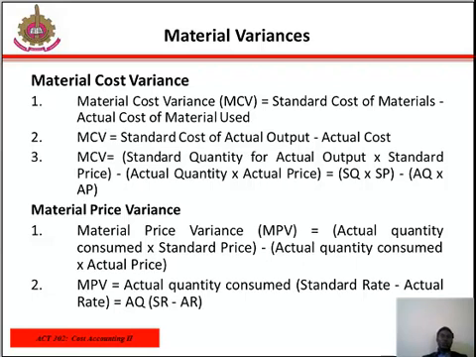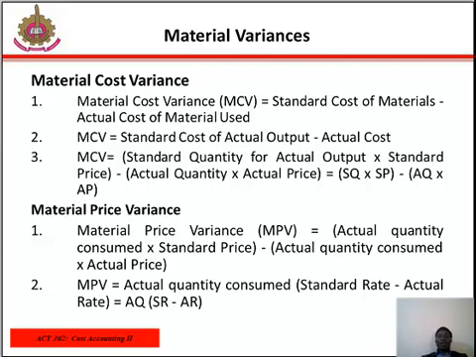So we are talking about material cost variance, MCV, which equals standard cost of material minus actual cost of material used. From the formula specification, MCV equals standard cost of actual output minus actual cost.